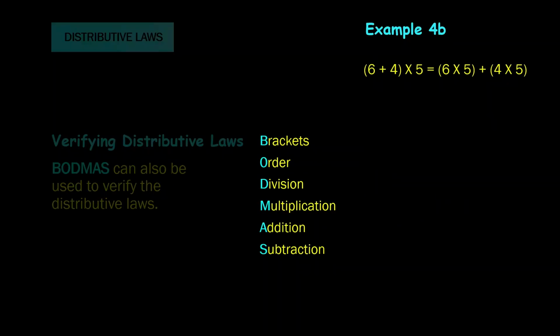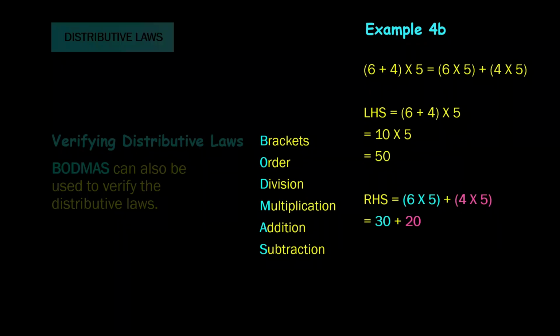We will now use the BODMAS rules to verify the distributive law for part B. Let's do the brackets first. 6 plus 4 equals 10. Now let's carry out the next operation. This is multiplication. 10 times 5 is 50. And now let's consider the right-hand side of the equation. Again, carry out the brackets first.